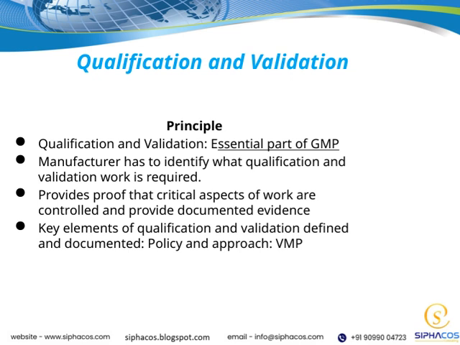This plan guides us through the qualification and validation activities, ensuring everything is systematic and traceable. So, in summary, qualification and validation are about confirming that our manufacturing processes meet the required standards and that we have solid evidence to back it up. This is fundamental for ensuring quality, safety, and compliance throughout the manufacturing lifecycle.